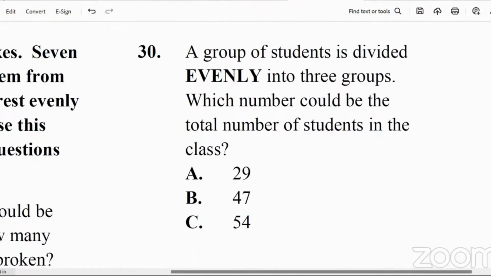A group of students is divided evenly into 3 groups. Which number could be the total number of students in the class? All right, so which of these numbers can be evenly divided into 3 groups? Which number is divisible by 3? I don't know how you guys do your divisions at school.